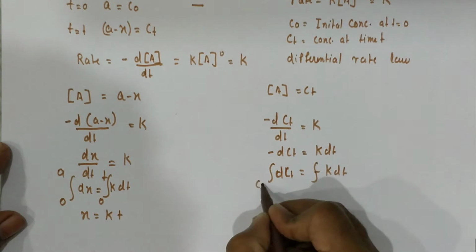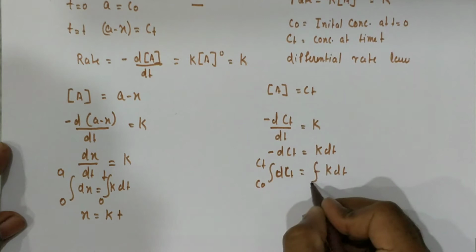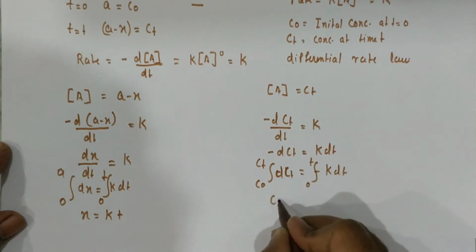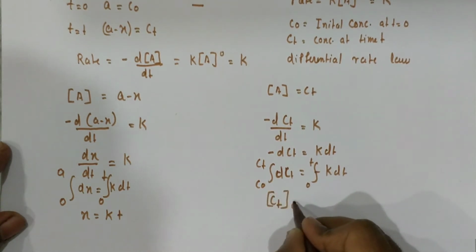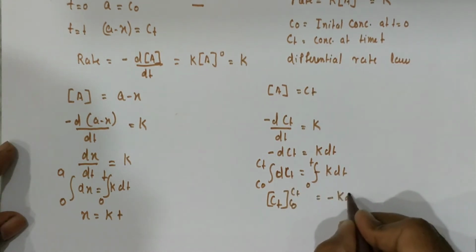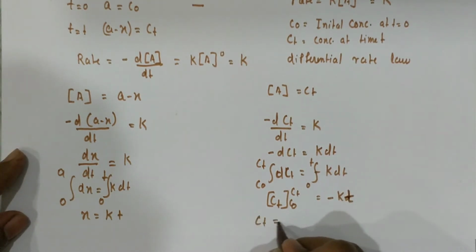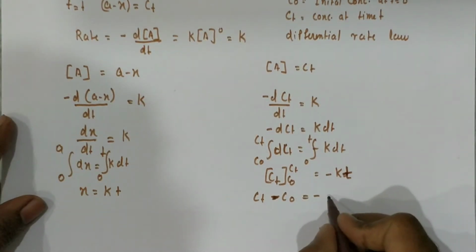Ct limit varies from initial concentration C naught to Ct, and the time limit varies from 0 to t. So this now becomes Ct minus C naught equal to minus Kt.